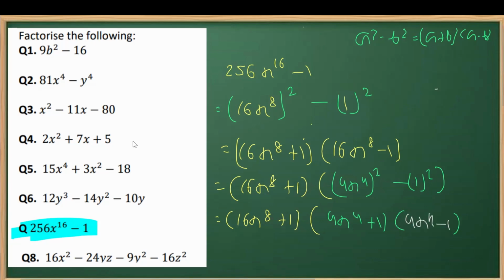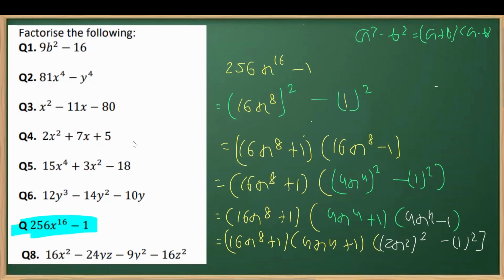So keeping everything same, we have 16x raised to the power 8 plus 1, and this will be as it is, but the other part can be factorized. And how are we going to factorize this? Writing this as 2x square, the whole square, and 1 like 1 square.